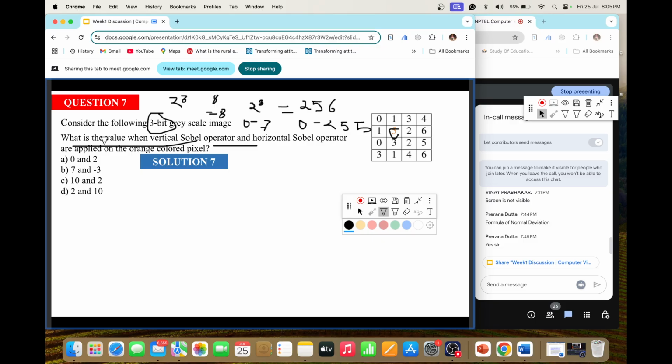Now the question asks what is the value when the vertical Sobel operator and horizontal Sobel operator are applied on the orange pixel, that is 5.